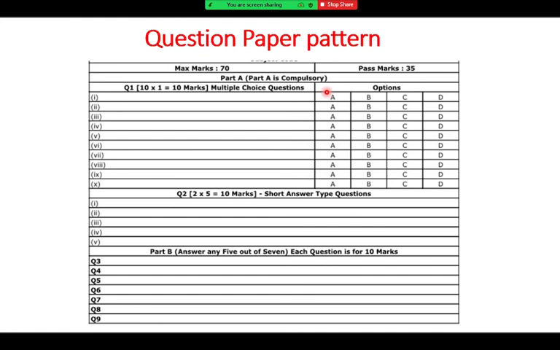That may happen at the time of exam because it's online mode. You have to click the correct option and submit it. Once you submit section A, then you move to section B. You will get clear information about all these things before the exam also. So right now this is about MCQ.